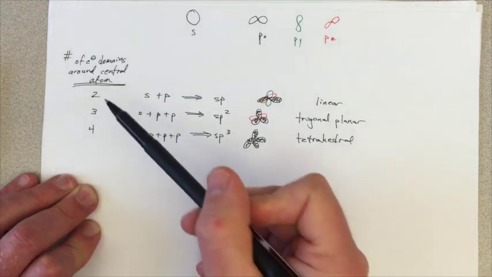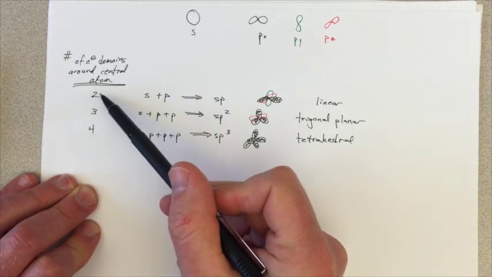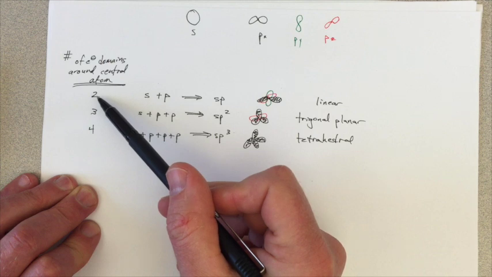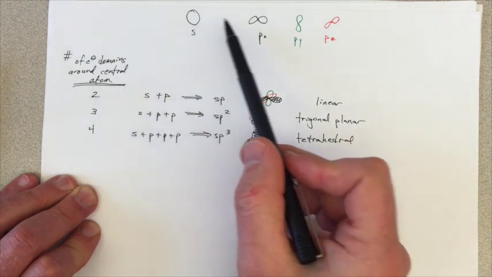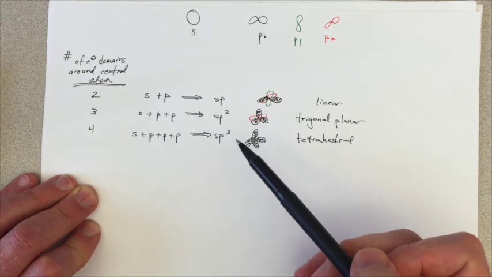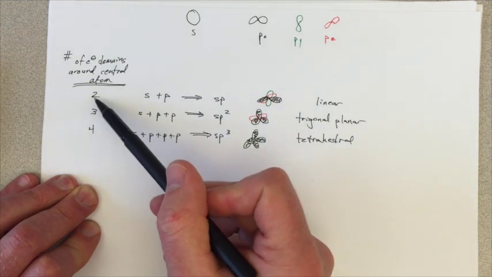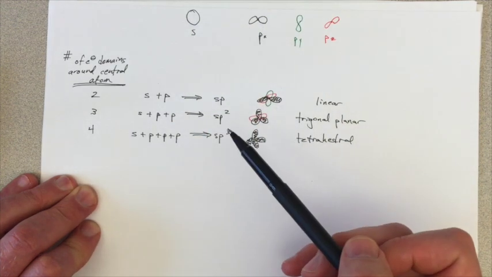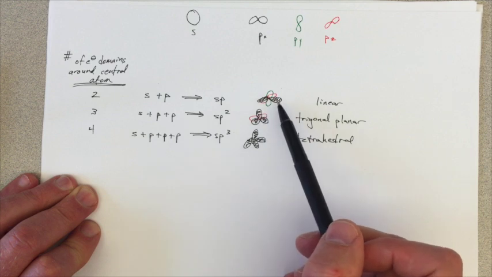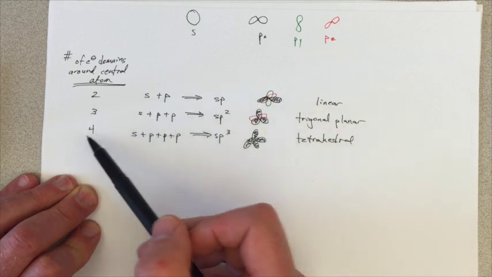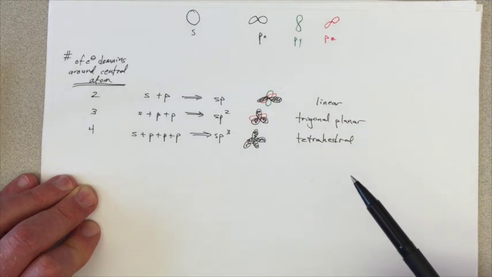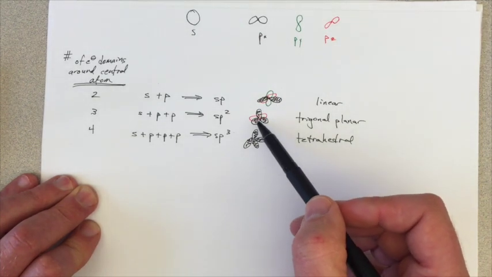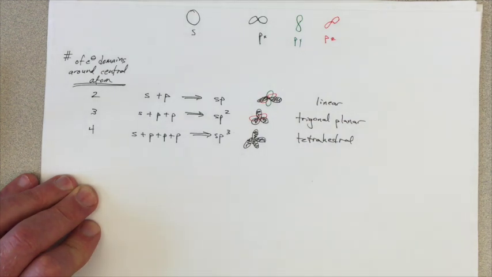So if you notice, each electron domain around a central atom is going to require the use of 1 orbital. So if we have 2 electron domains, we're going to take 2 orbitals, hybridize them together to form an sp. 3 gives us sp2, 4, sp3. Okay, and we can't forget with the sp and the sp2 that we have extra p orbitals that are unused in the hybrid orbital and may be used for other things.